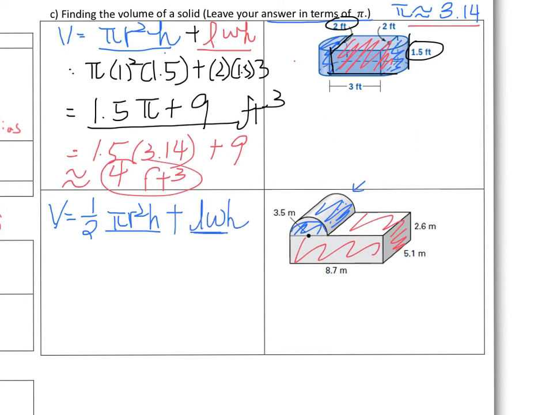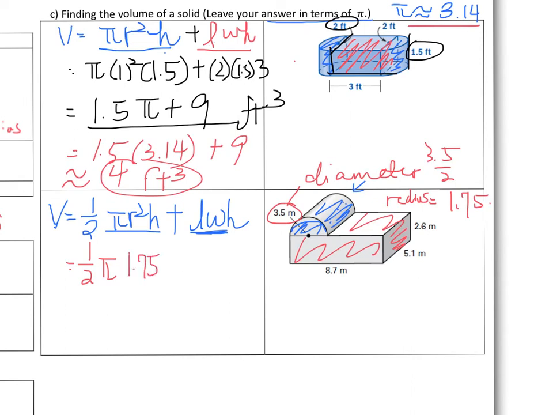So length times width would be the base area of the solid or the rectangular prism. Okay, half pi, 3.5 is the diameter, so half of 3.5 would be 1.75, which will be the radius of the cylinder, the base of the cylinder. So that be 1.75 squared. And you need to multiply by a height of 5.1.